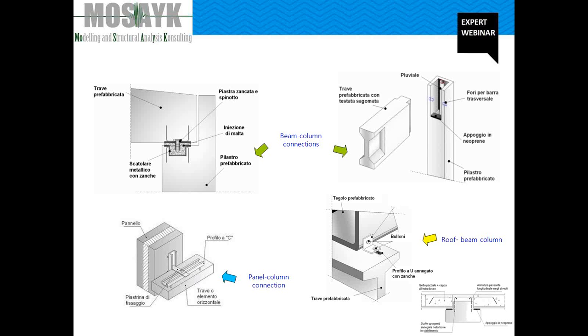have been shown. In particular, the characteristics of very common connections used in the Italian context, which influence the global seismic response of the structure in terms of strength, stiffness, ductility and energy dissipation, may be seen here.